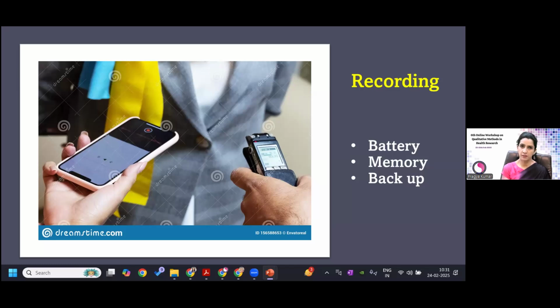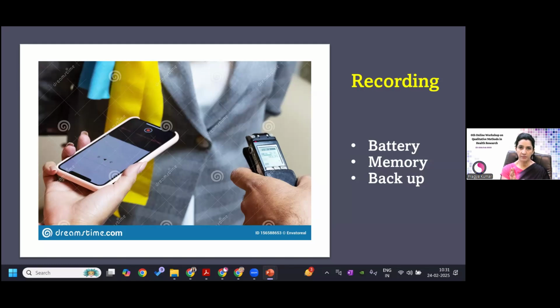One is for backup. Whenever you conduct an interview, one can be an automatic recorder, and the other can be your own phone. But whenever you are recording on your phone, check the memory, because many times the initial 20 minutes of the interview will be there, and the later part will not be there because there was not enough memory.